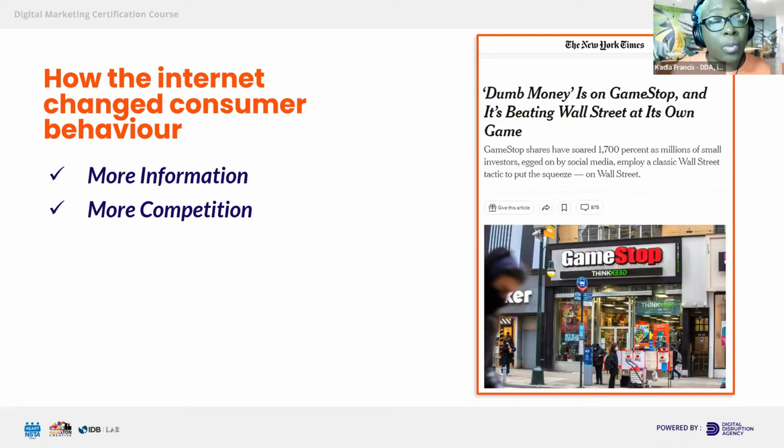So it provides for more competition, and in a way levels the playing field, because before, in terms of being visible and expanding your reach, that would depend on how heavy your pocket is in terms of your marketing ability, right? If you had a deep pocket and you could pay for primetime TV slots or primetime radio slots, or back in the day, full page magazine ads in Cosmopolitan or Vogue, etc., your visibility would increase and your reach would increase.